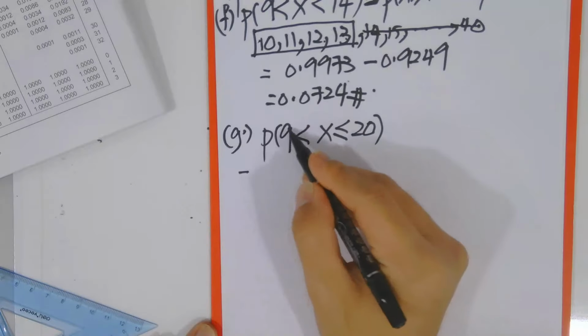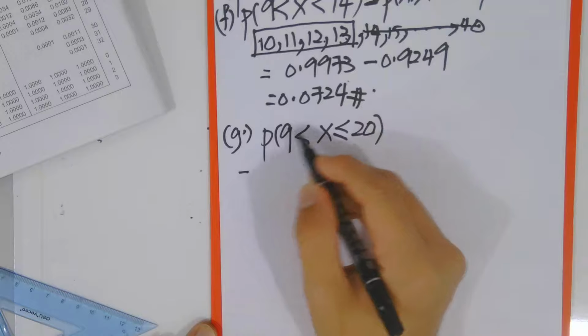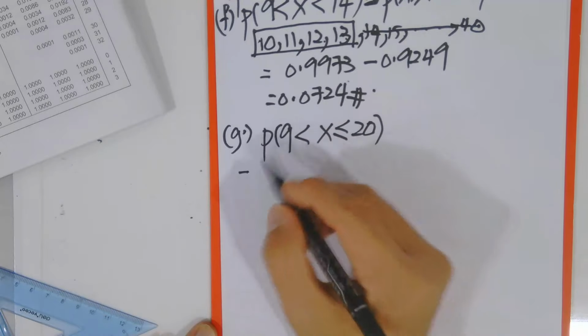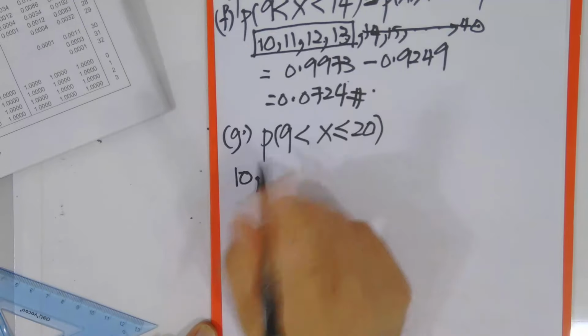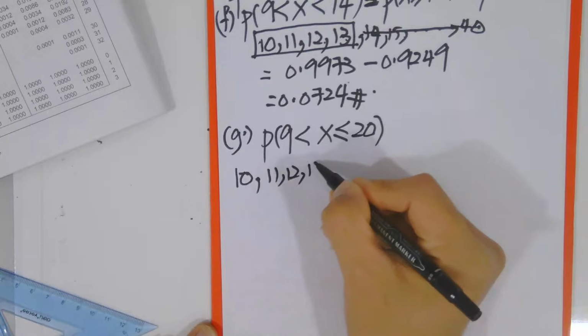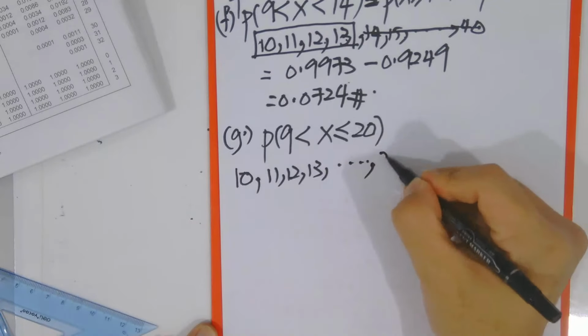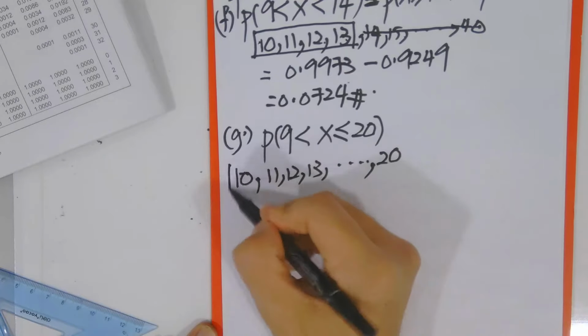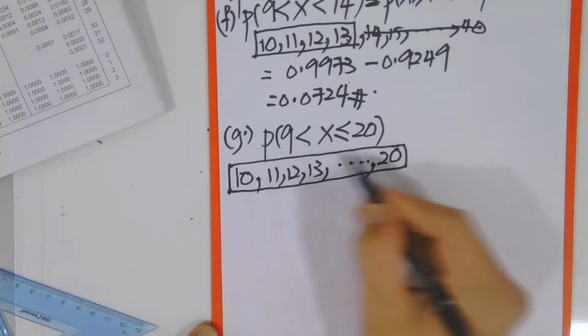Can it include 9? No, it should not include 9 because it's a number greater than 9. So we start with 10. We do not start with 0. Start with 10, then list out 11, 12, 13. Wow, there are many values, up to 20. This is the value required by the question.